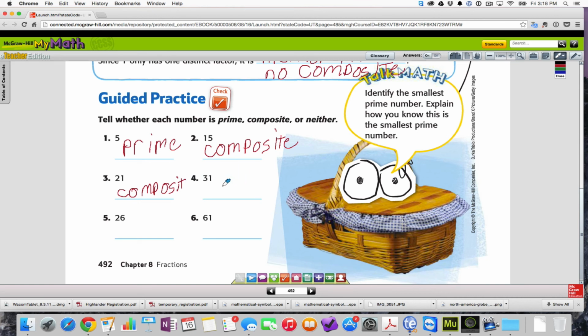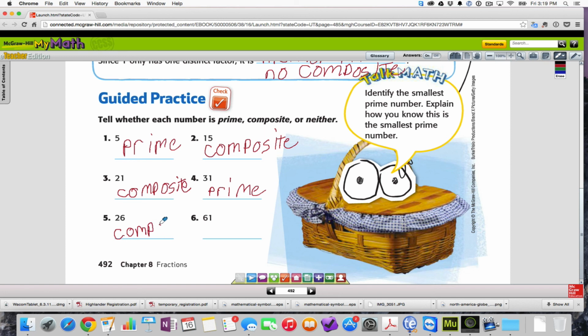31 is not divisible by any even numbers because it doesn't end in an even number. And it is not divisible by 3, so it would be a prime number. 26 is an even number, and so we know automatically that it's a composite number.